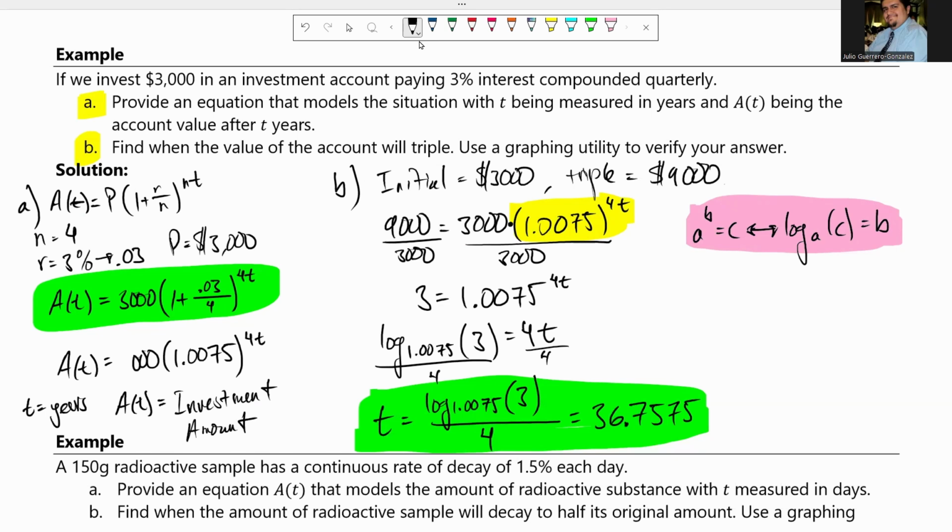If we gave this function a year, it'll tell us how much money we had. So if we gave that function a year, it'll give us how much money we have in the account. That's what we just found.